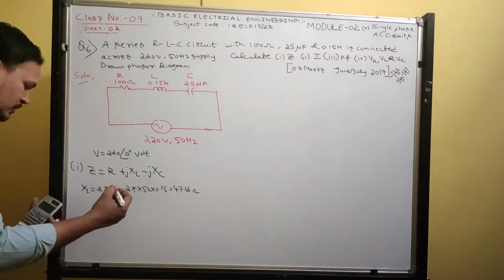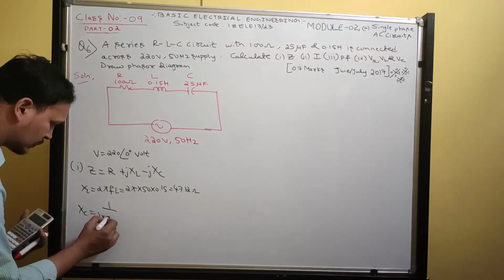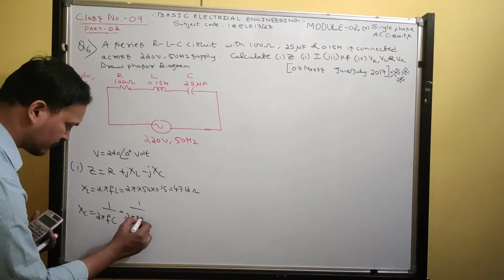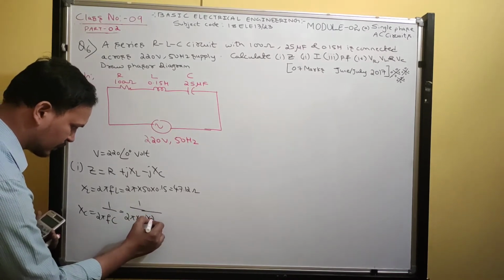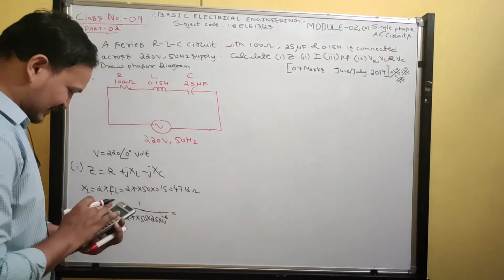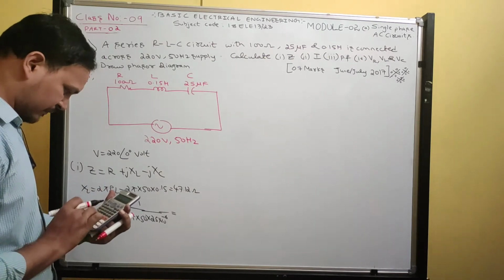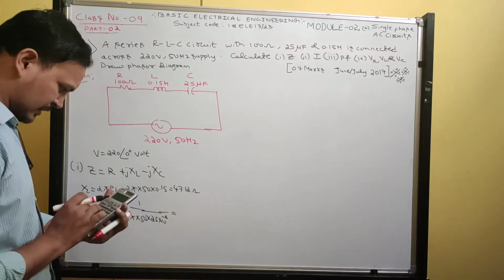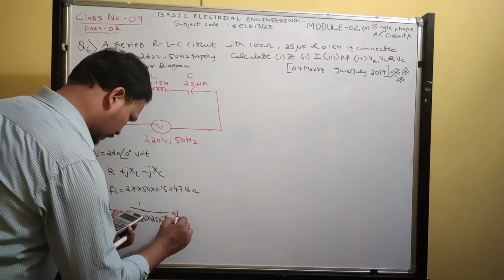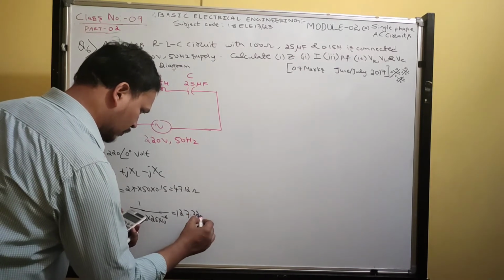Then the capacitive reactance formula is 1 upon 2 pi Fc, that is 1 upon 2 pi into 50 into 25 microfarads, 25 into 10 to the power minus 6. So we got the XC value as 127.32 ohms.